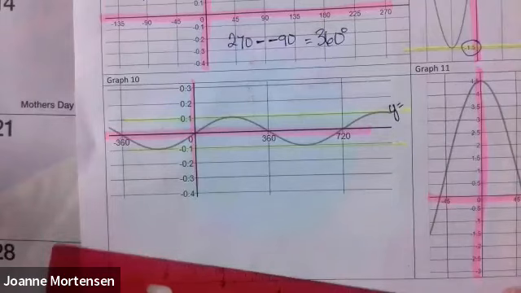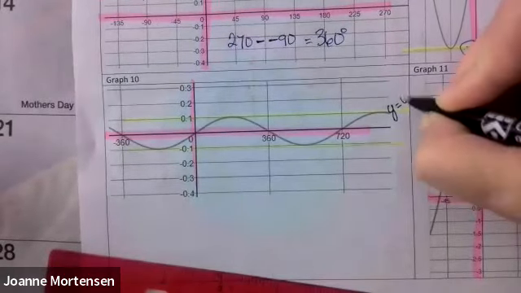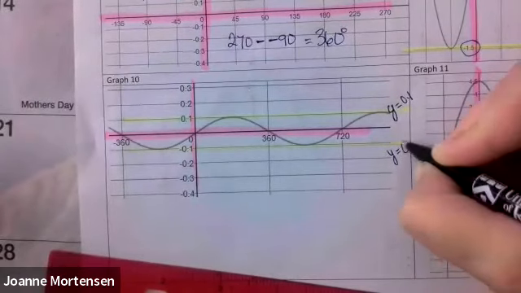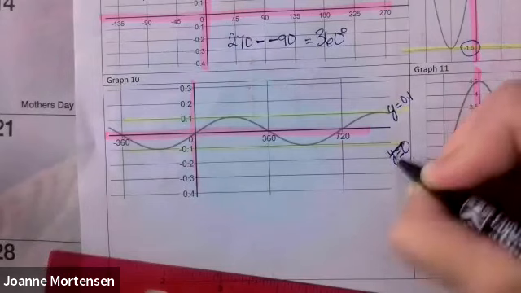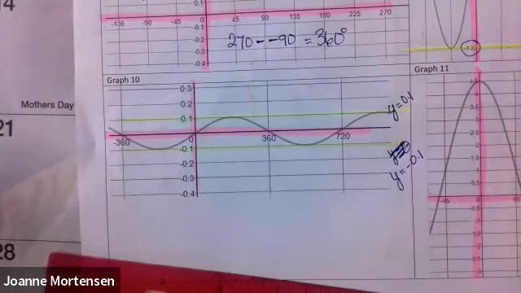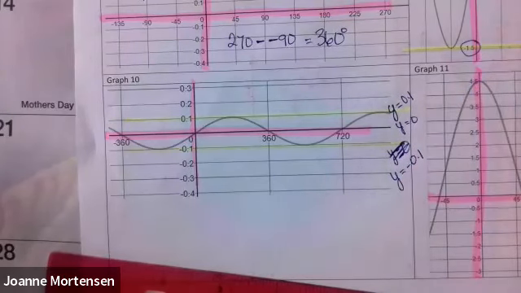No, graph 10. What's my max? 0.1. What's my minimum? Oh, that's just gonna look horrible. Y is equal to negative 0.1. So far, so good. How about my midline? Yes. How about my amplitude?